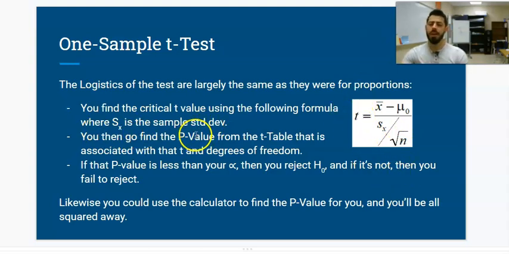Then, depending on your t-score and your degrees of freedom, you find the p-value from the t-table that is most closely associated with that t-score. If the p-value is less than whatever you set your alpha, whatever you set your significance level, then you can reject the null hypothesis. And if not, then you fail to reject, just like before.